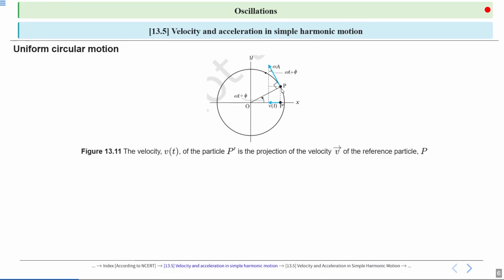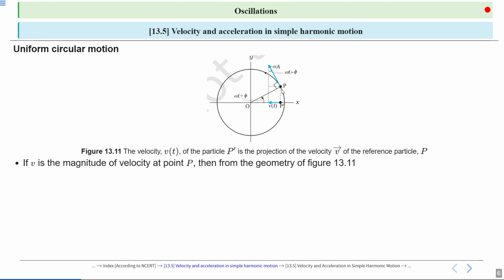Now if we focus on the x component of the velocity, if v is the total speed of the particle at point P, we can use the geometry of the circle to find out how much of the velocity points along the x-axis at any moment.